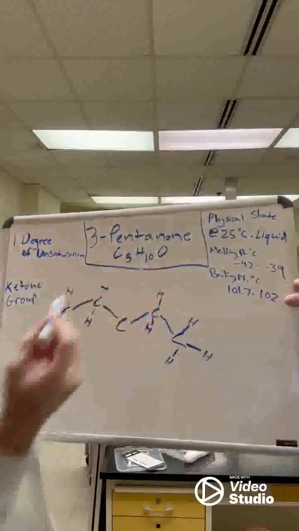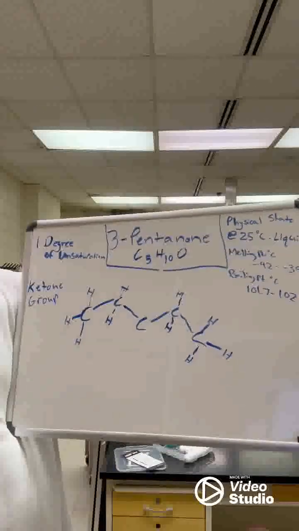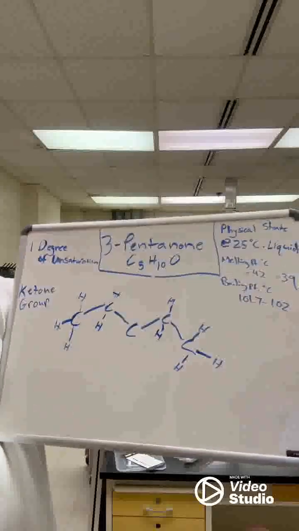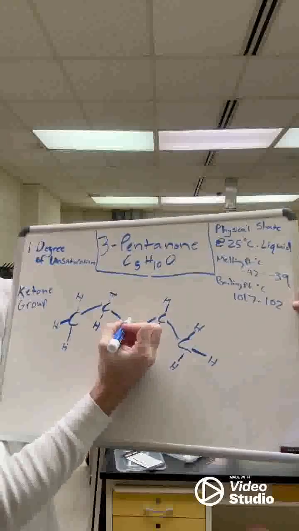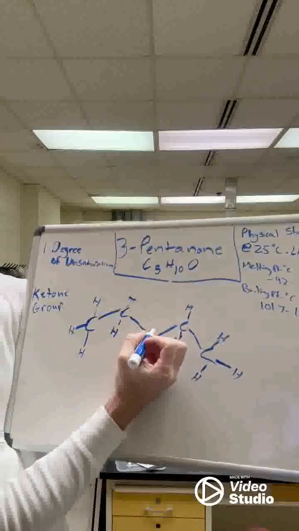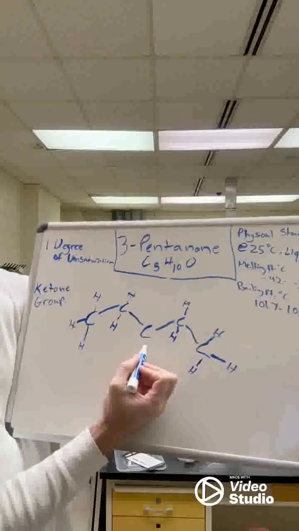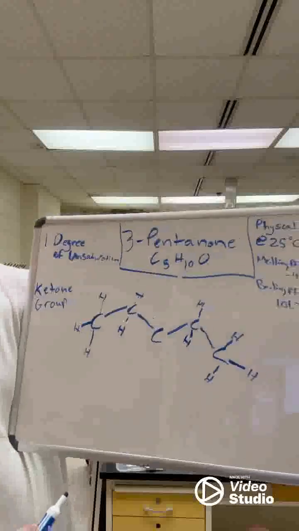And so if we look back at our name, we notice the -one suffix indicating a ketone group. And a ketone group is a carbonyl group. So a double bonded oxygen is going to be placed at our carbon 3 position, and we see that from the name that we have here.